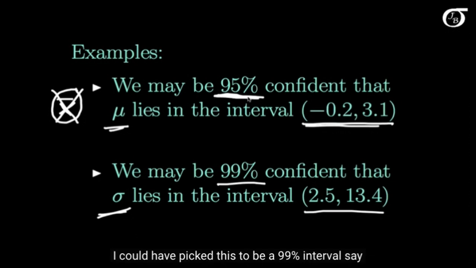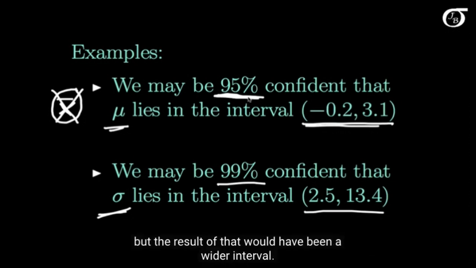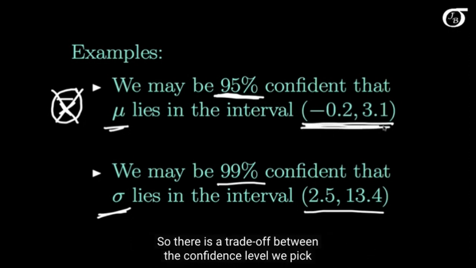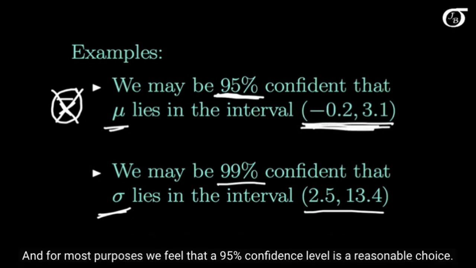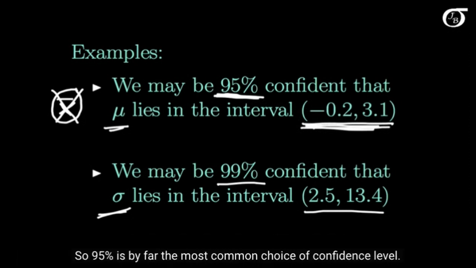I could have picked this to be a 99% interval, say, but the result of that would have been a wider interval. So there's a trade-off between the confidence level we pick and the width of the interval. And for most purposes, we feel that a 95% confidence level is a reasonable choice. So 95% is by far the most common choice of confidence level.